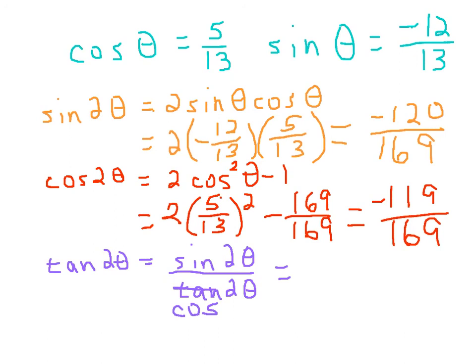A little brain fart there. Anyway, it's sine over cosine. Taking the sine over cosine, I end up with negative 120 over 169 times 169 over negative 119. The 169s cancel each other out, and I'm left with 120/119.